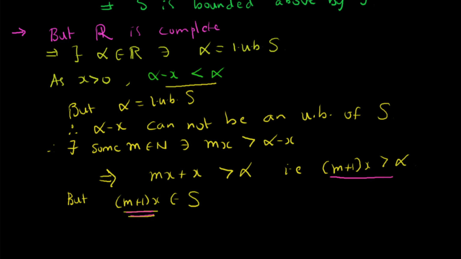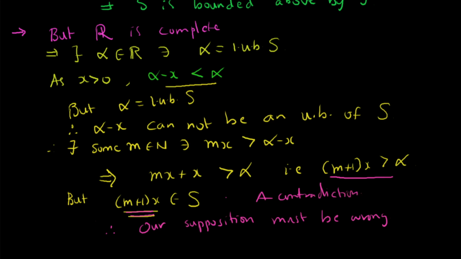That is not possible because alpha is the least upper bound of the set S. So all elements in the set S must be less than or equal to alpha. But we are proving here there is something which is greater than alpha. So we are getting a contradiction here, because of our wrong assumption.